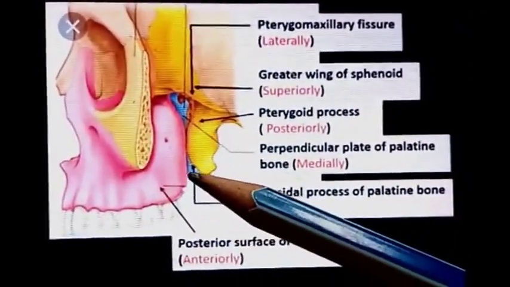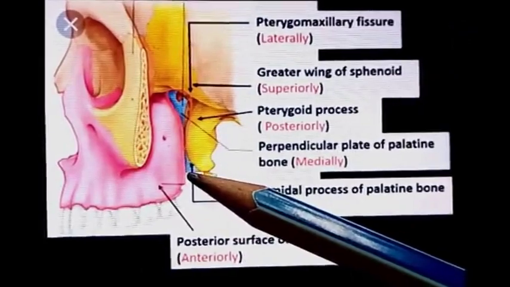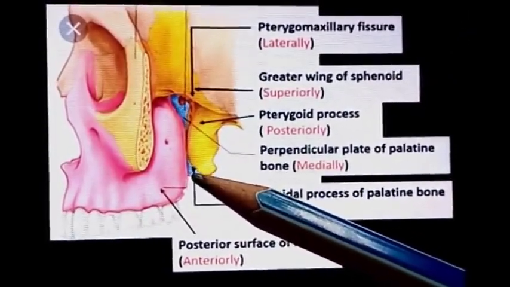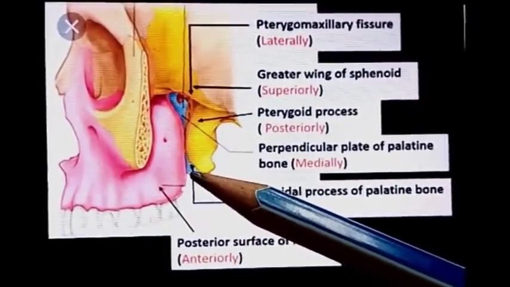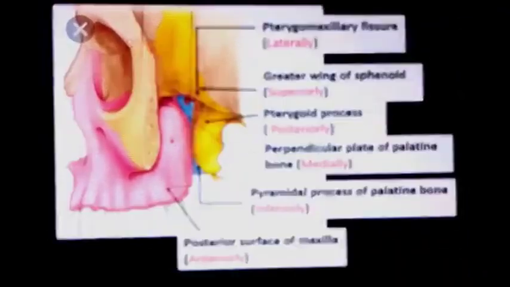This is the pyramidal process of palatine bone. It is forming the inferior boundary of the fossa. In the lateral view of skull, this pink color area indicates the pterygomaxillary fissure forming the lateral boundary of the fossa.